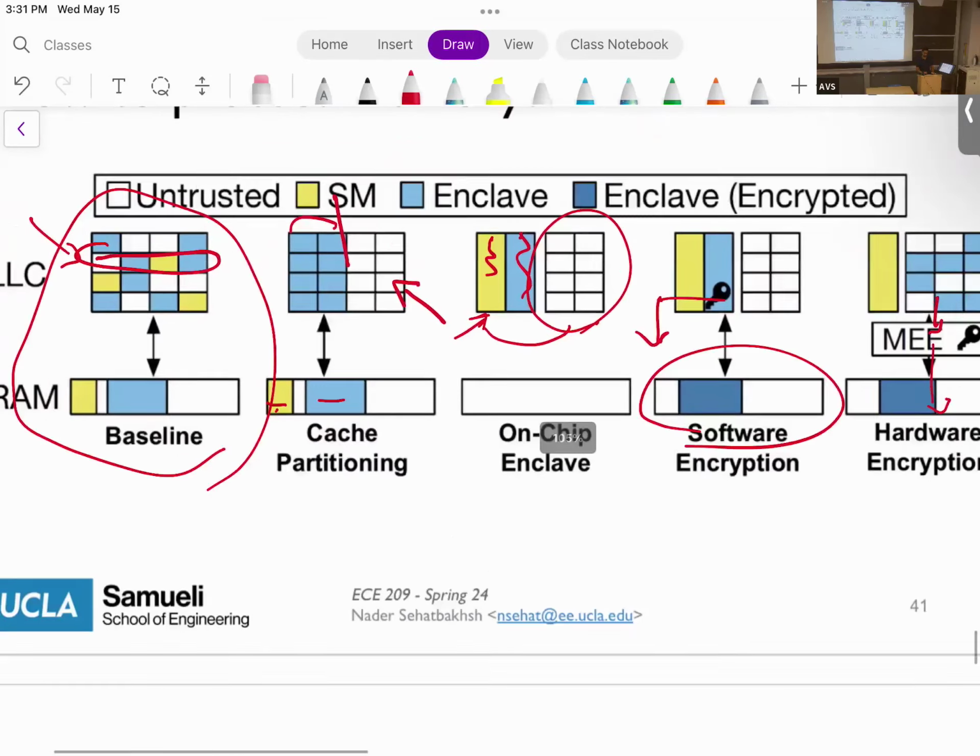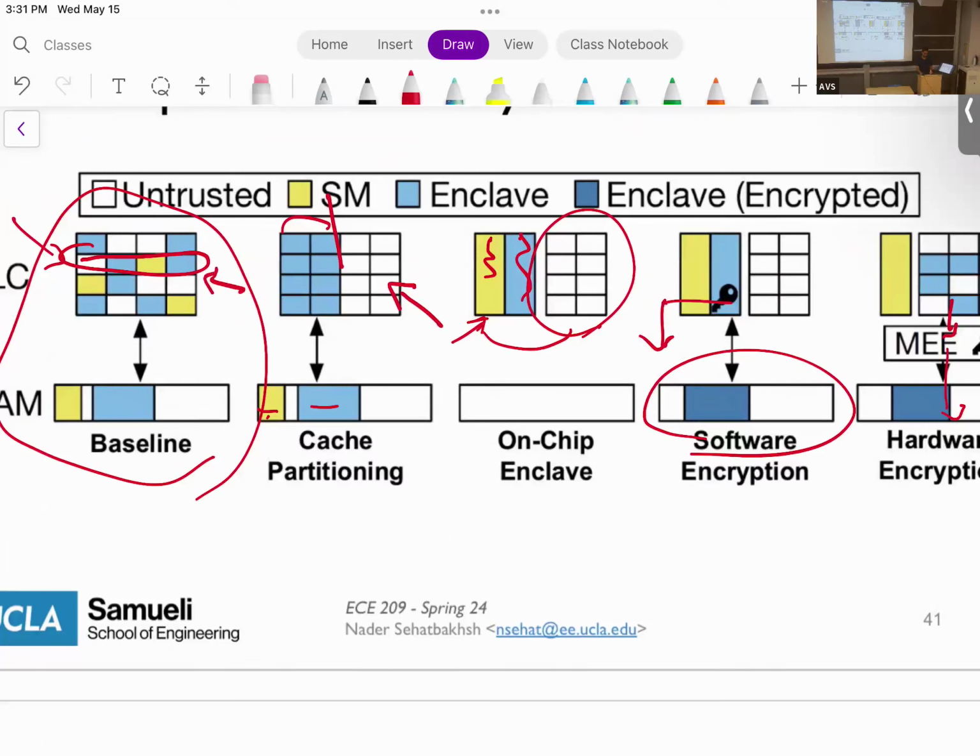For example, yes, you've fixed this, but there's contention on the bus that someone can tap into. People have also shown that if you change the voltage and frequency, you can create some faults, and as a result extract information.